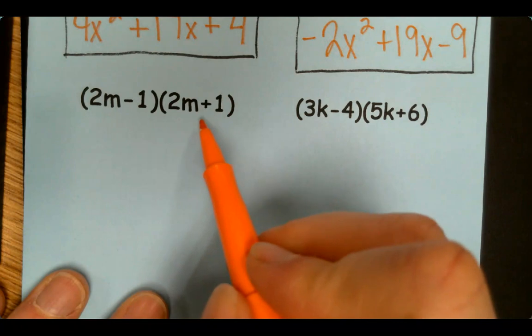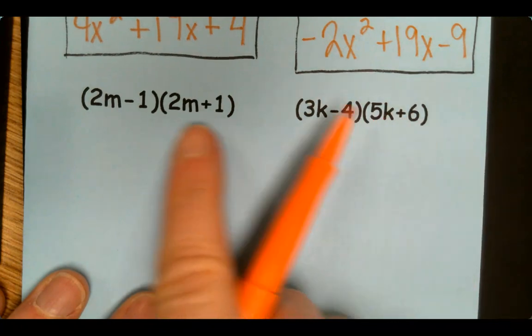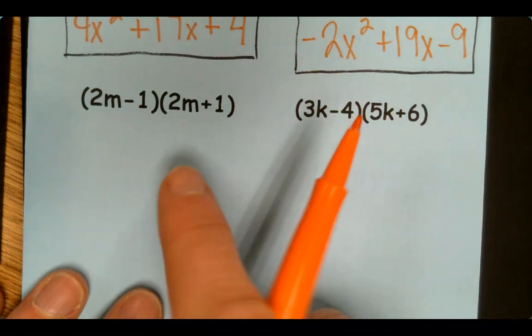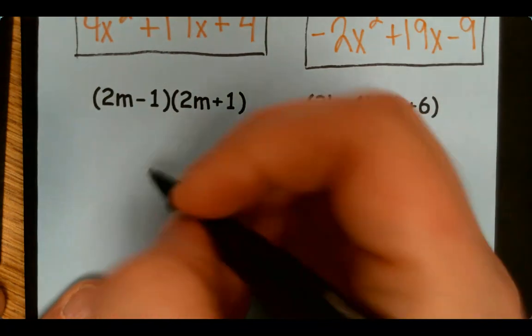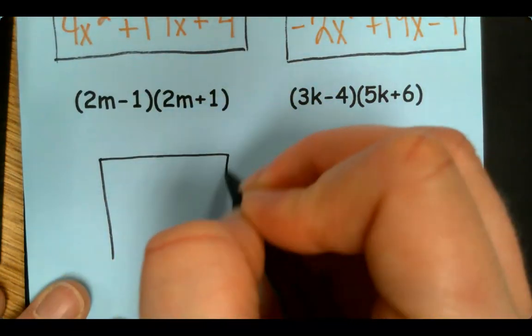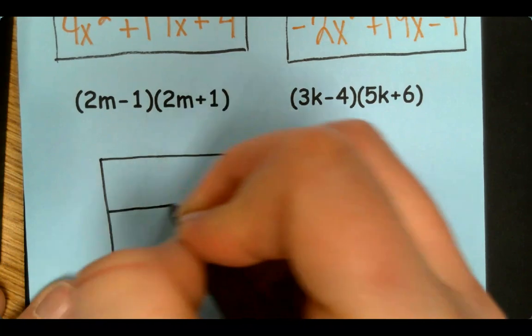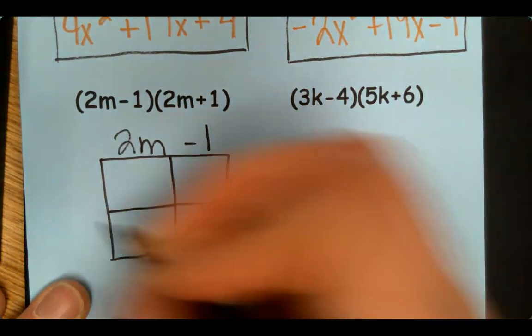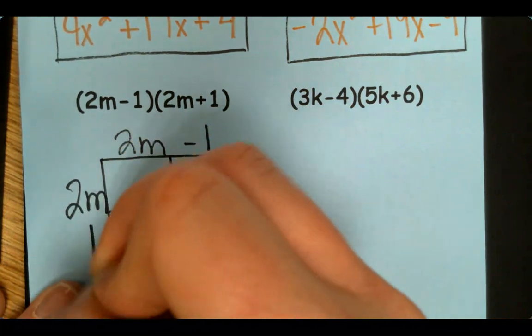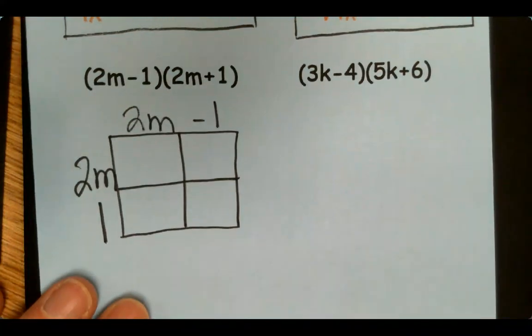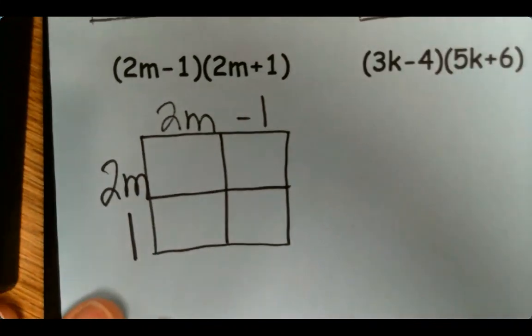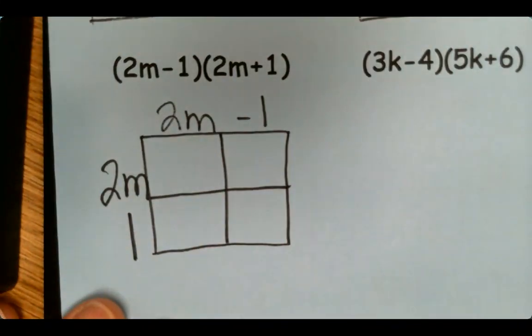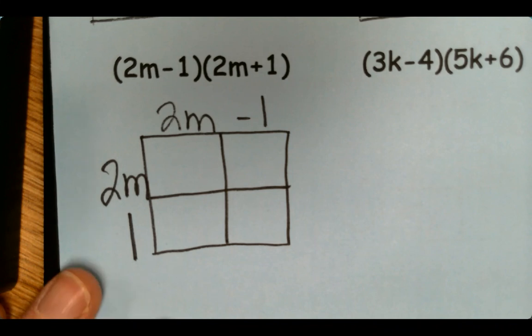2m minus 1 times 2m plus 1. These are the same thing, just one's plus and one's minus 1. So let's see how that works out. 2m times 2m.